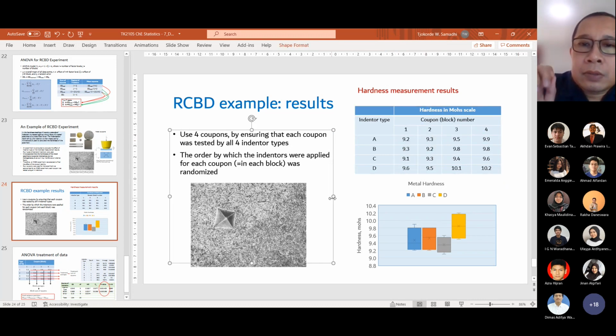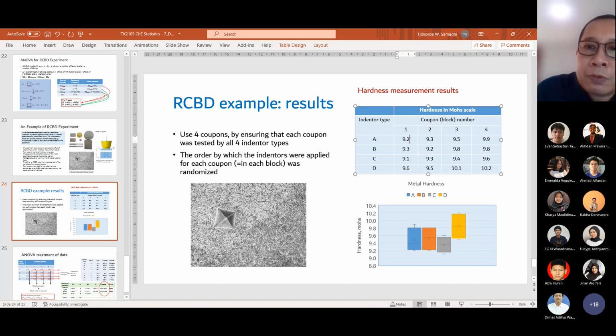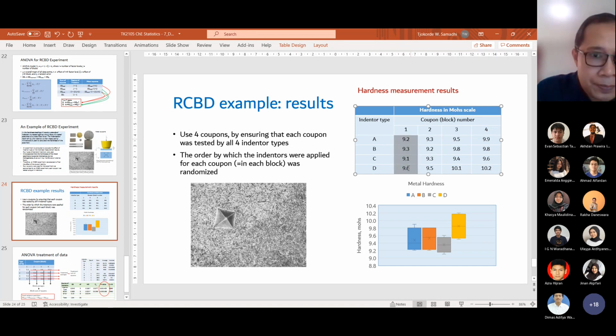Now, number one rule of RCBD is that each block has to receive all treatment levels. Ya, aturan nomor 1 dalam RCBD, pastikan bahwa setiap blok itu menerima semua level treatment.